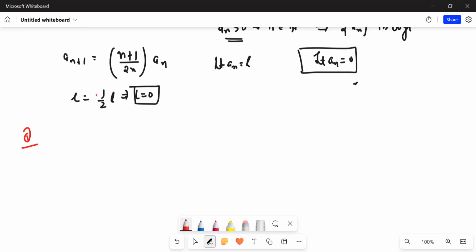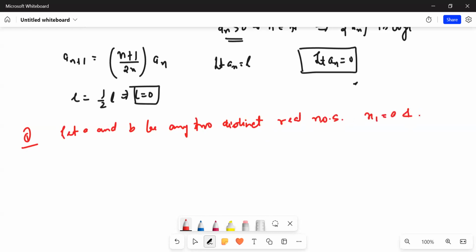So one of the questions I'm going to give you is again an example of a recursive sequence. Let A and B be any two distinct real numbers, and let x1 equal A and x2 equal B. And we have defined x(n plus 2) in a manner that it is equal to (x(n) plus x(n plus 1)) divided by 2.